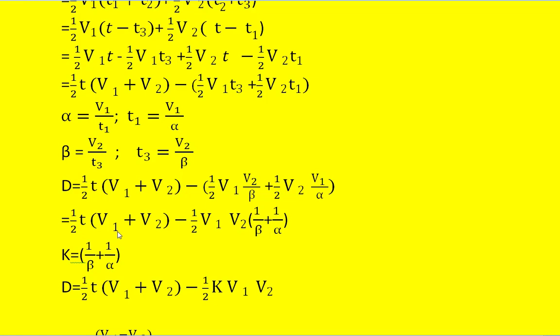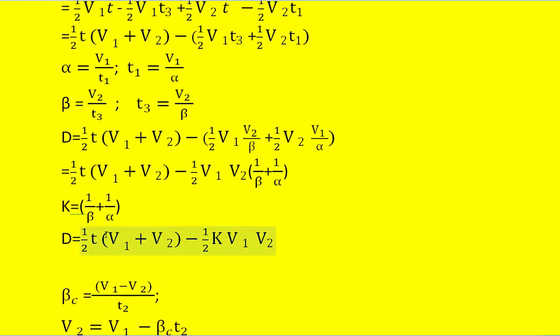So further we can simplify like this: half T into V1 plus V2 minus, here we have the half V1 V2 common, so we write half V1 V2 into 1 by beta plus 1 by alpha, and let us say 1 by alpha plus 1 by beta is a constant K. So once we write K in this equation, we get the distance between the stops, capital D, is equal to half into T into V1 plus V2 minus half K into V1 V2.